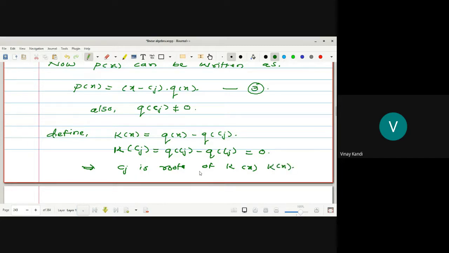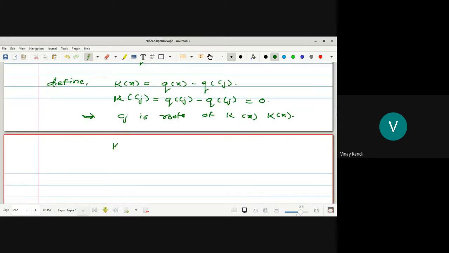So that means we can write this k of x is equal to x minus cj into some polynomial g of x. Is it correct?